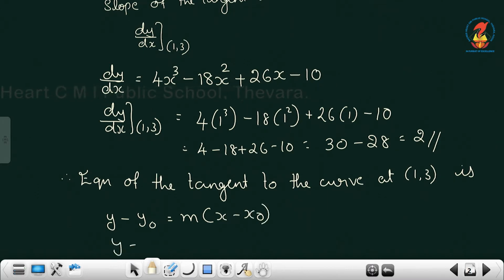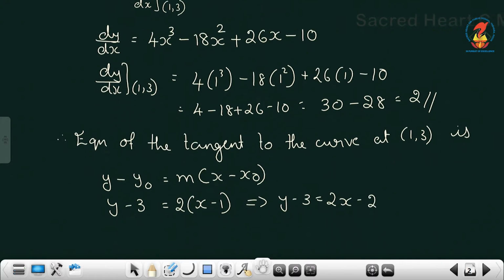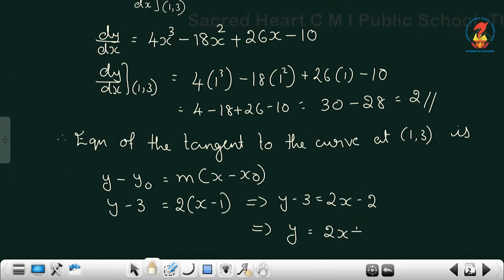What is y0? (1, 3) is the point, so y0 is 3. y - 3 = 2 into (x - 1), which implies, opening the bracket, y - 3 = 2x - 2. Or we can write y = 2x, taking 3 to this side, becomes 1.